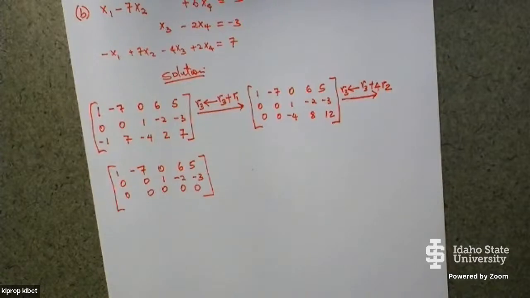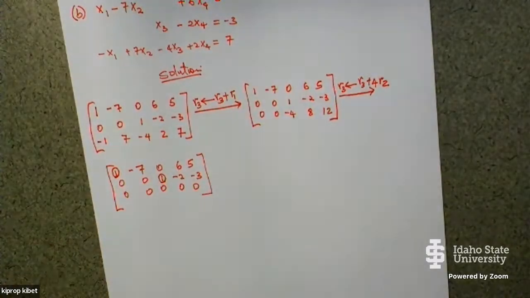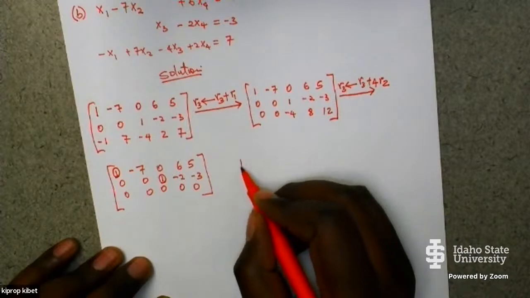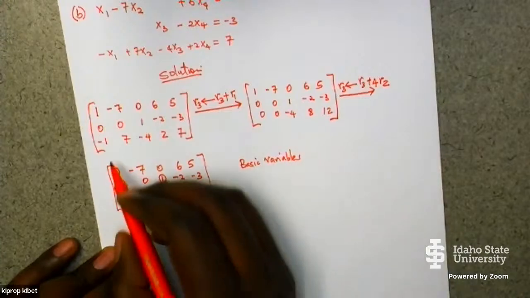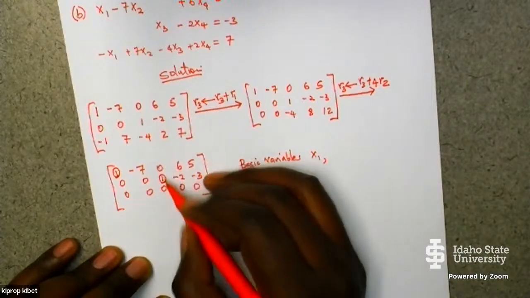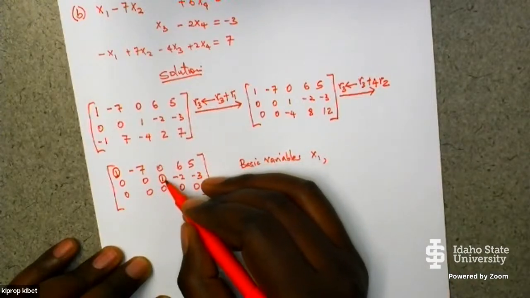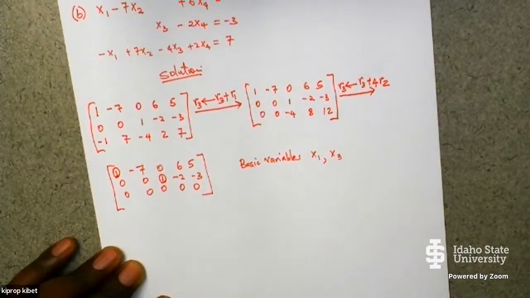So what can we see from here? We have 2 pivot positions there. The column which has the pivot position has the basic variable. So in this case, our basic variables will be the first column, which is x1, and the other pivot position is this one, which is x3.